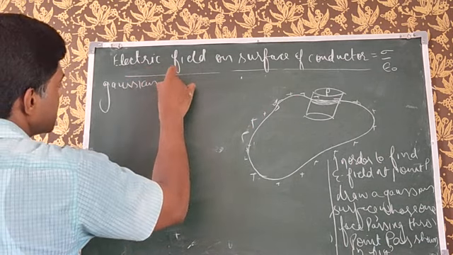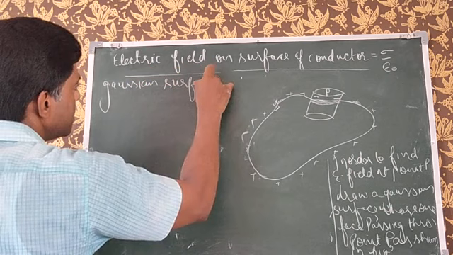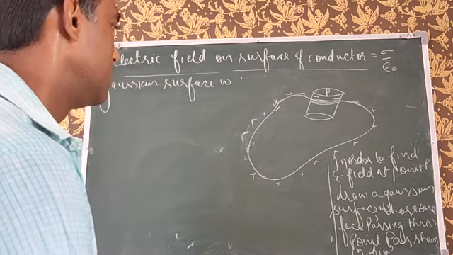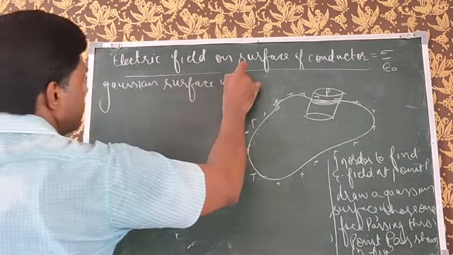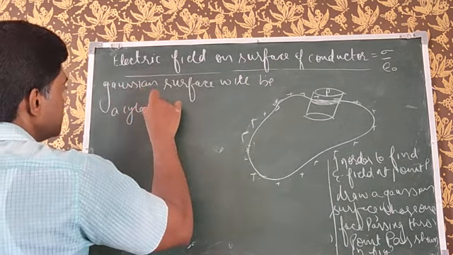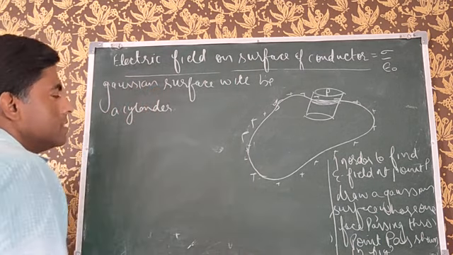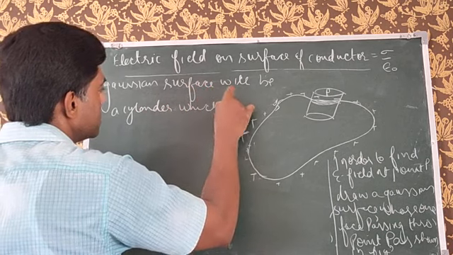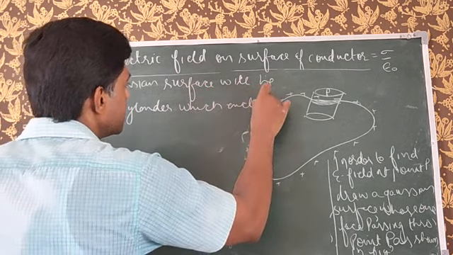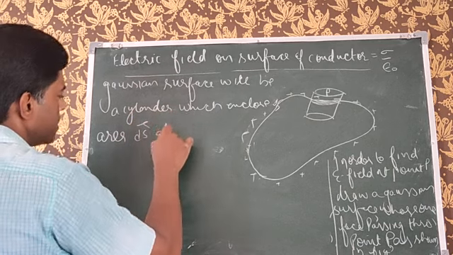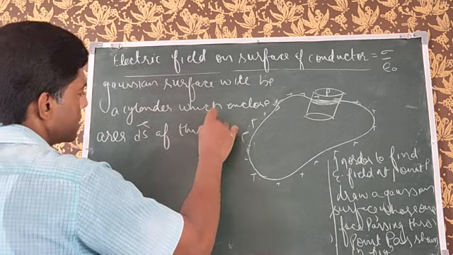The Gaussian surface will be a cylinder which encloses area ds vector of this conductor.